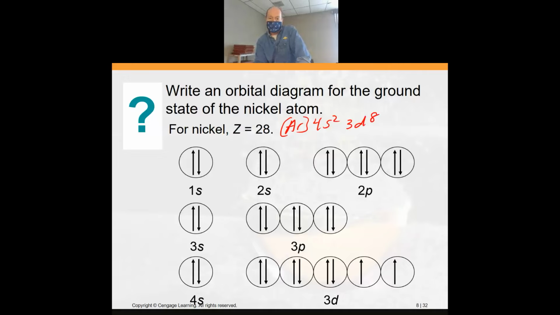Note that's how you would get it using the buildup, and that is fine. The answer is always going to put it in number order, and the answer you will find is argon 3d8 4s2. Again, either answer, that's the same thing to me.